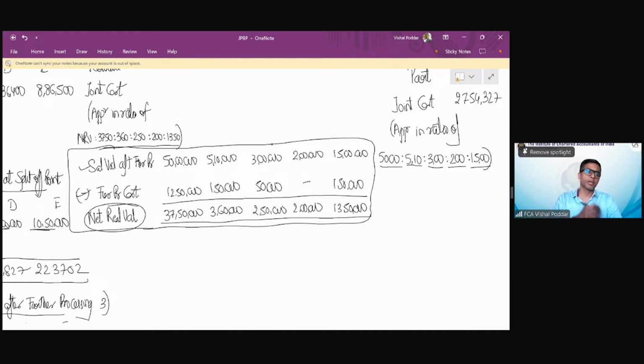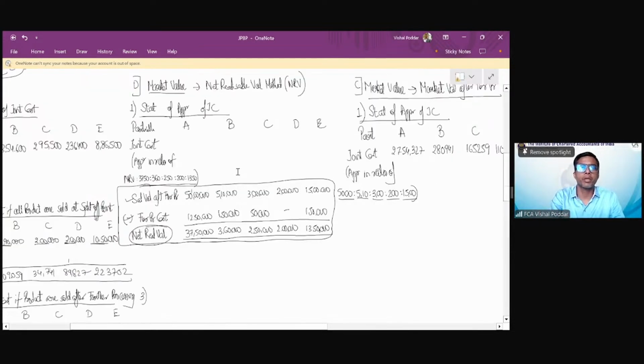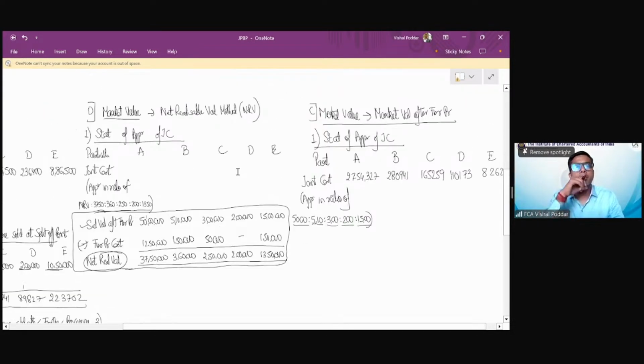And then the remaining workings follow. So the new part in this fourth method is we have to first do a small working to determine our NRV. NRV is calculated by this simple formula. I'll give you the theoretical formula also later, but practically, this is the formula that is required.